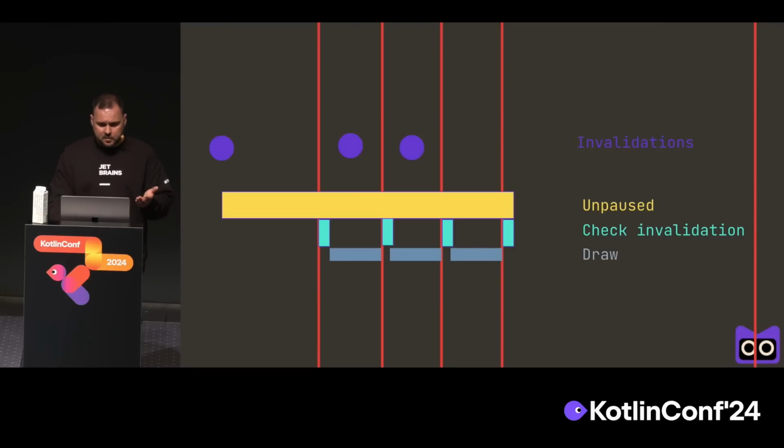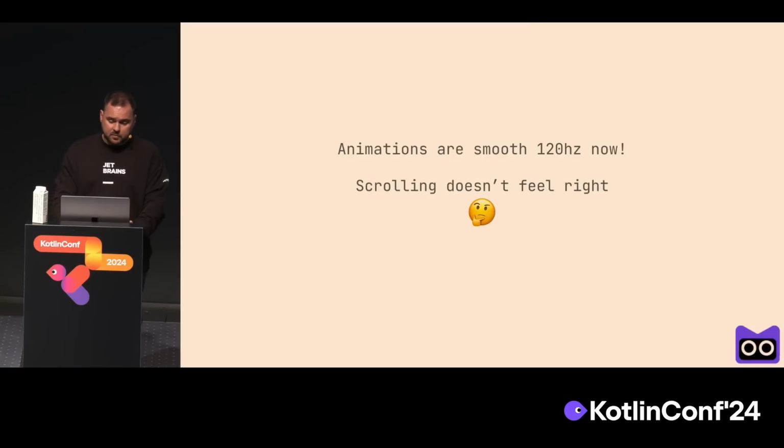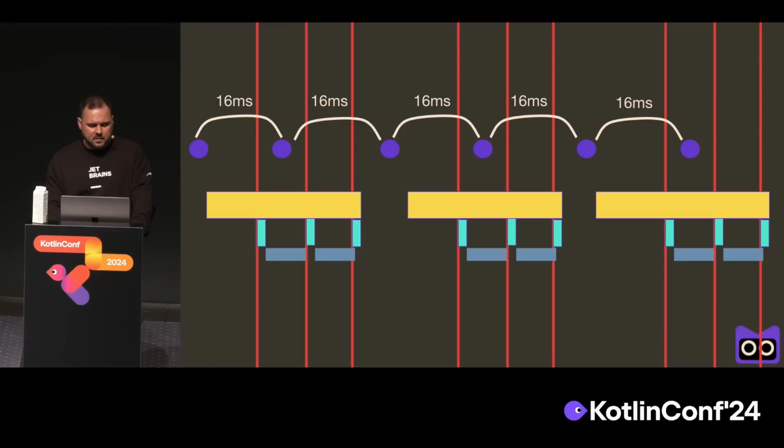So in this case, for example, CADisplayLink never gets paused if invalidation comes eventually, and the frame rate is good. And that's always the case with animations, because invalidations from animations are coming inside our main loop during the Compose layout draw. So animations are smooth 120 Hz now, but scrolling doesn't feel right.